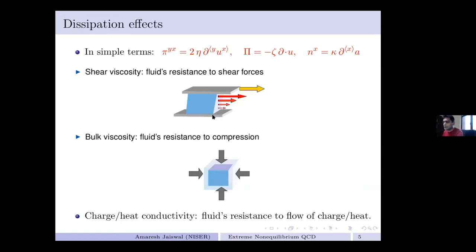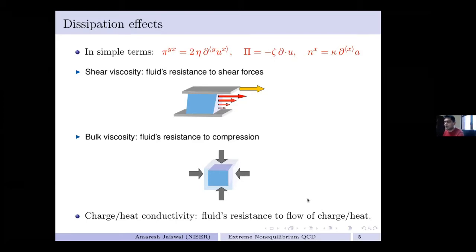If I apply a force along the x direction and look at the velocity gradient along y, that's what my shear viscosity or shear stress tensor tells me. Similarly, bulk viscosity tells me about the fluid's resistance to compression, and the charge or heat conductivity is the fluid's resistance to flow of charge or heat. So this is the basic idea of dissipation.